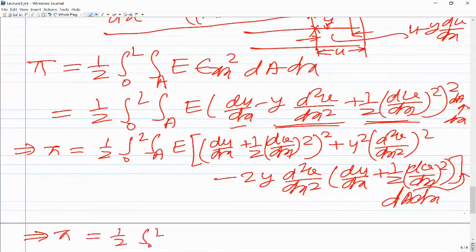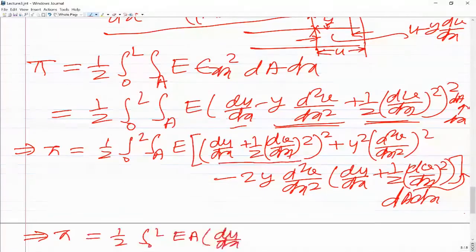So then you can say finally that pi is equal to integration 0 to L. Now the first term is independent of the y coordinate, so the integral of dA will simply give you A. So the first term becomes integration EA times du by dx plus half of dv by dx whole square.